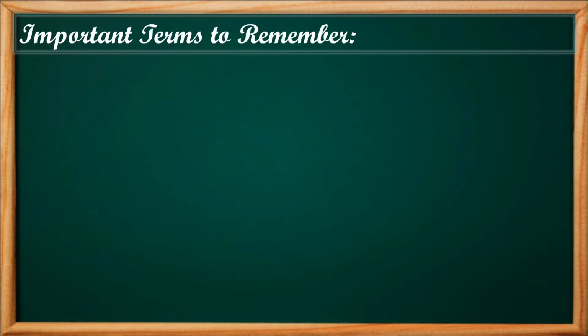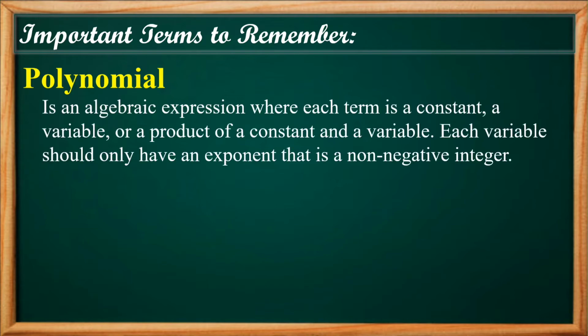Again, we need to remember what a polynomial is. A polynomial is an algebraic expression where each term is a constant, a variable, or a product of a constant and a variable. Each variable should only have an exponent that is a non-negative integer.